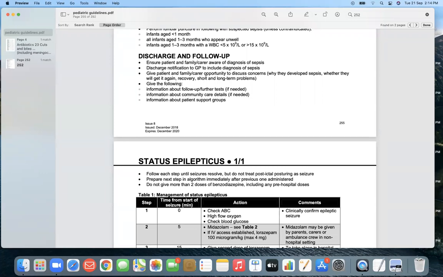Give patient and family carer the opportunity to discuss their concerns. That is, you will have a communication scenario with them: why they developed sepsis, whether they will get it again, recovery, short-term and long-term problems. Give the following information about further tests, community care details, information about support groups.